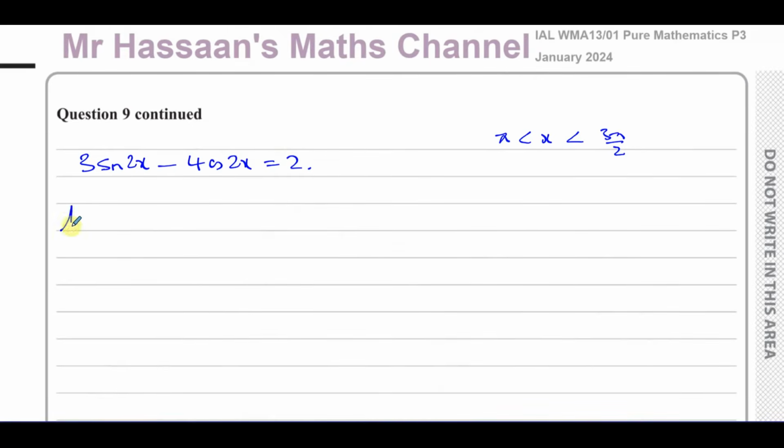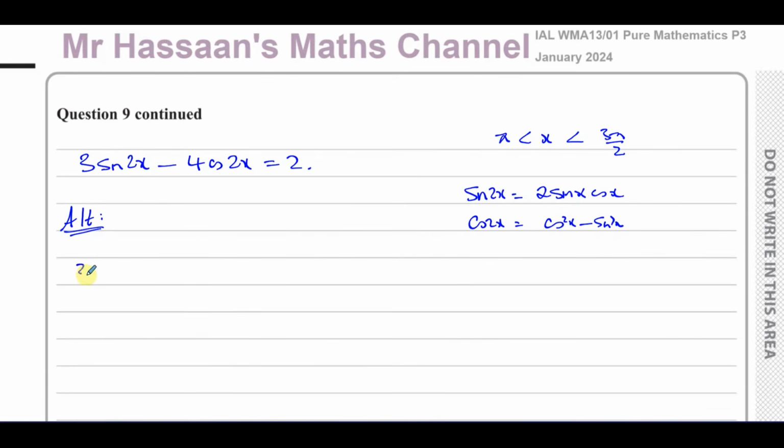Now for an alternative method of solving this problem, let's try to rewrite this in terms of the double angle formula. I know that sine of 2x is the same as 2 sine x cosine x. And the cosine of 2x is equal to, let's write it as cosine squared x minus sine squared x for now.